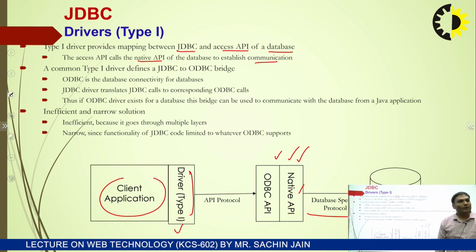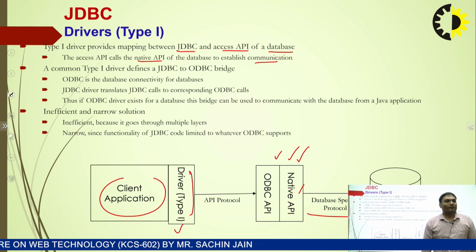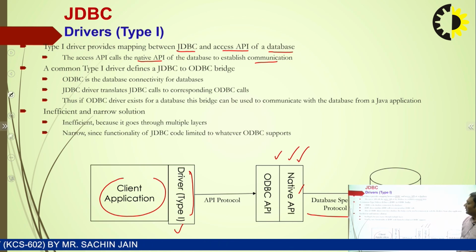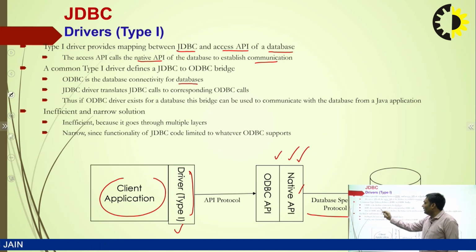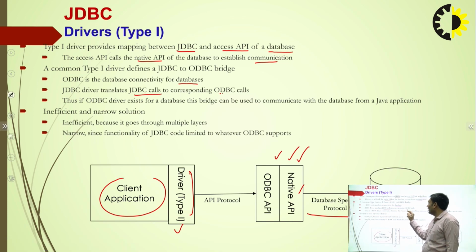So a common type 1 driver defines a JDBC to ODBC bridge, and ODBC is the database connectivity for the database, where the JDBC driver translates the JDBC calls to the corresponding ODBC calls. But there are some limitations of this type 1 driver: it is inefficient because it goes through multiple layers.